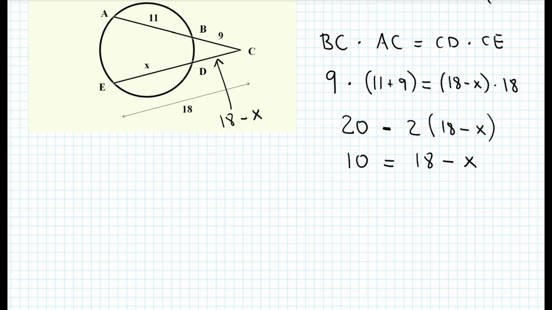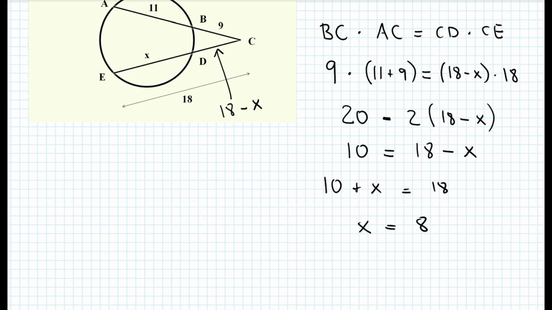So let's say we add x on both sides. So we end up with 10 plus x is equal to 18. And then finally, we subtract 10 on both sides, and we get x equal to 8, okay? Which means that the segment from D to E is equal to 8, okay?